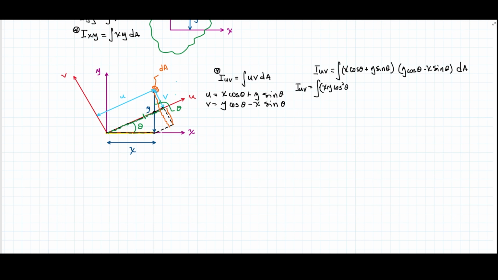So this one times this, then this one times this. Well, plus y square sine of theta cosine of theta. Then this times this is going to be minus x square sine of theta cosine of theta. And then this one times this one is going to be minus again xy sine square of theta, and that's going to be multiplied by the differential of area.